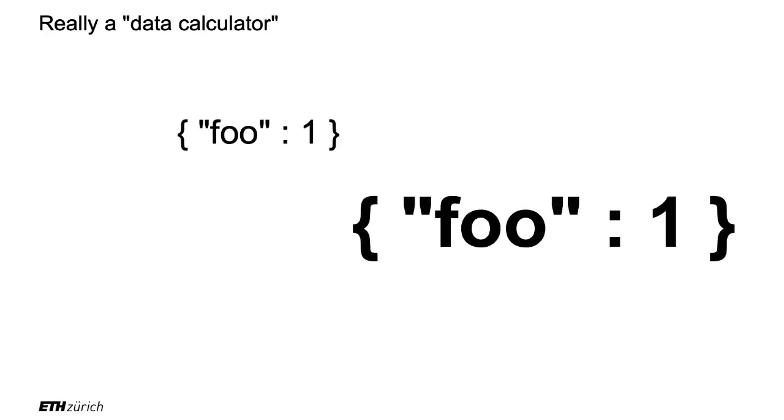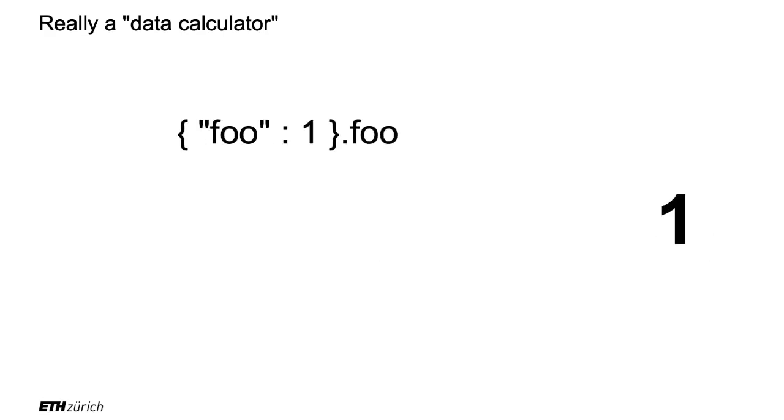And then you can also apply more operations, just like you can have addition and multiplication on numbers. You can have dots to navigate objects. So in that case, you have an object {"foo": 1}, dot foo gives you back the 1. So it's fully composable. It's just like arithmetic, except that it involves JSON objects.